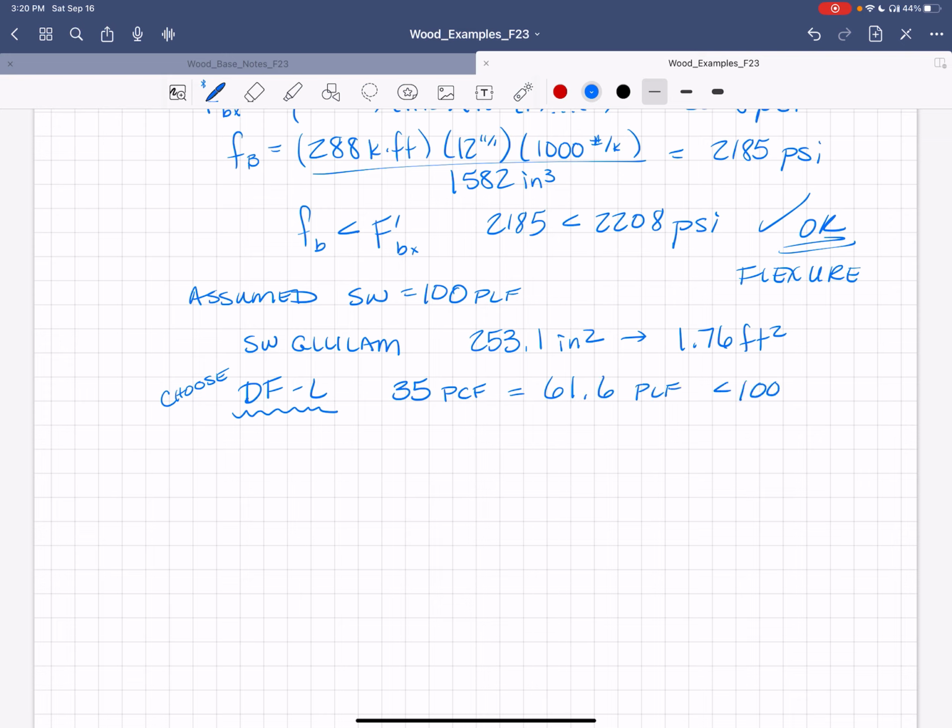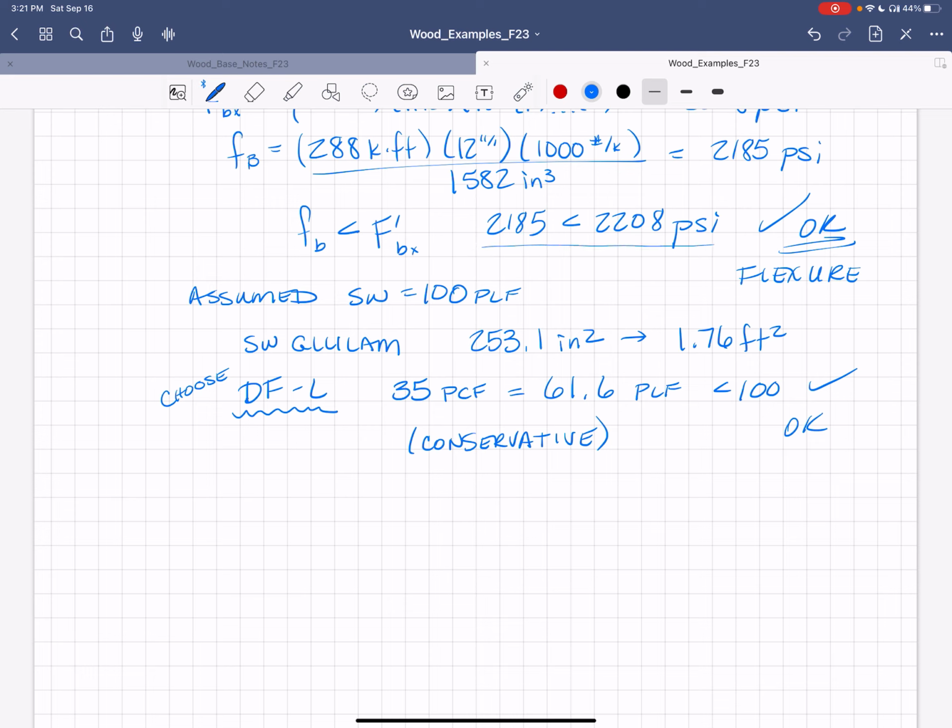It's less than 100. Okay. It's not that close to 100, but we're going to call it close enough. If this was one beam, and glulams are typically going to be one beam or so, and I'm not doing a ton of them, it's probably close enough. Also, we weren't way over designed here.